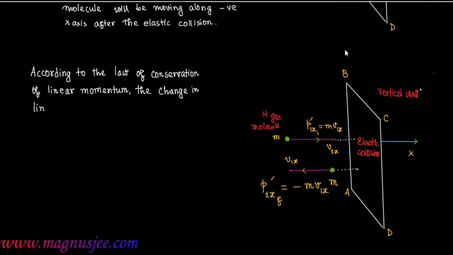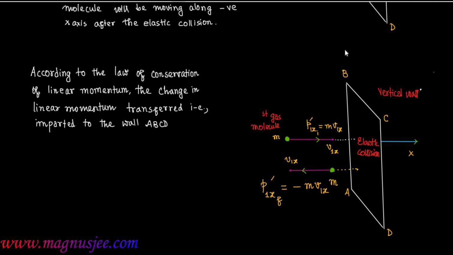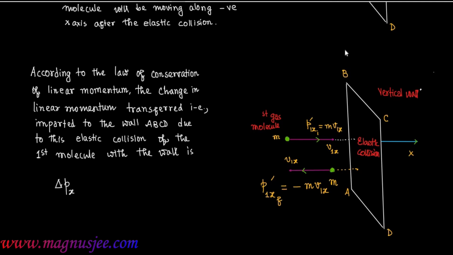the law of conservation of linear momentum, the change in linear momentum imparted to the vertical wall ABCD of the cubical container, due to this elastic collision of the first gas molecule with the vertical wall ABCD, is given by delta p1x is equal to minus delta p1x prime is equal to 2mv1x.